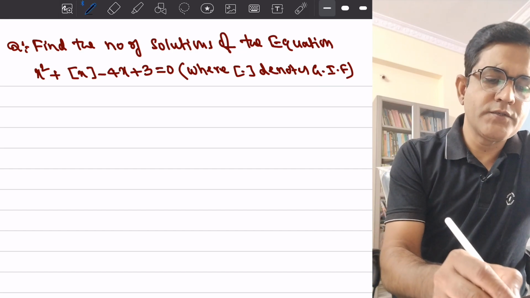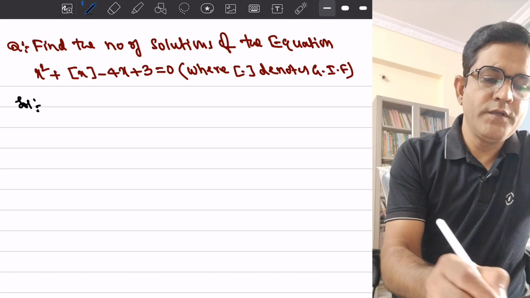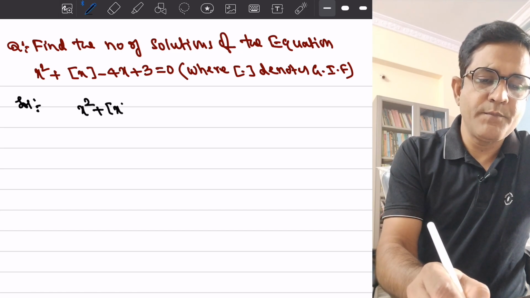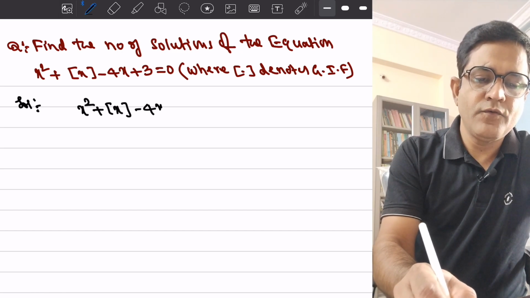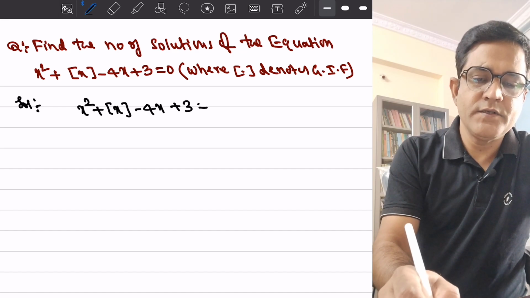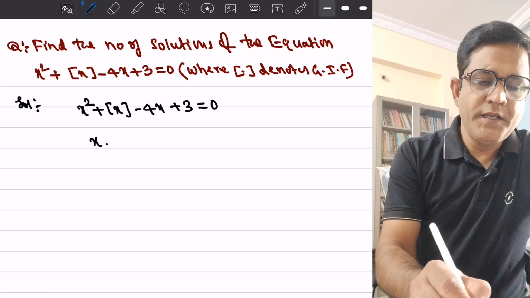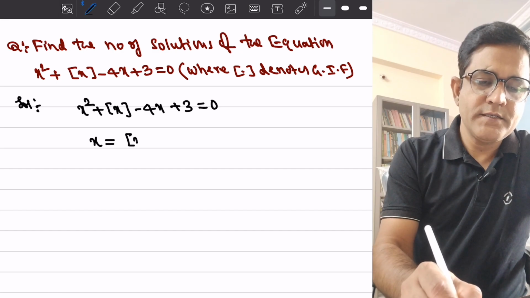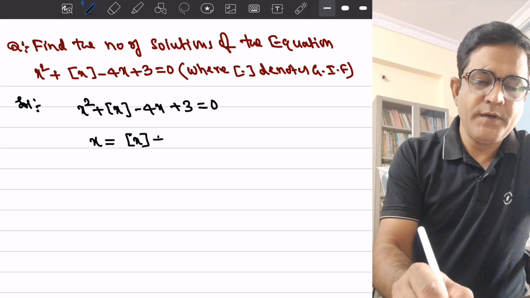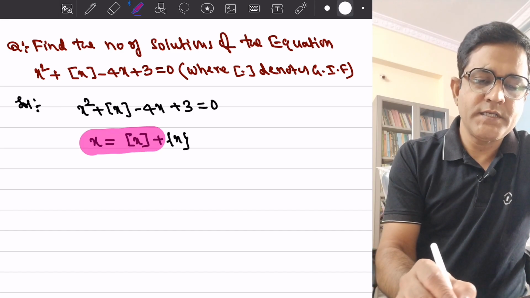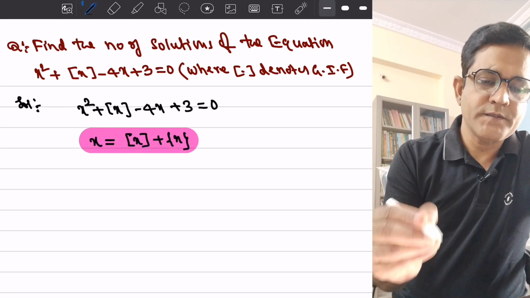To solve this question, the given equation is x² + [x] − 4x + 3 = 0. We know that every real number x can be written as the sum of its integral part and fractional part, that is x = [x] + {x}.